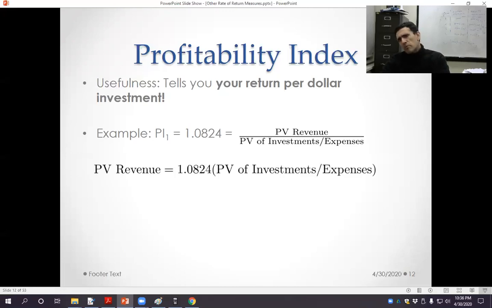So multiplied by the present value of investments, it tells us what your revenue is per dollar of investment. And of course, that's if we don't change our cash flow all that much. If you do change your cash flow a lot, then obviously your profitability index is going to change. So as long as you don't change your cash flow all that much, the profitability index tells you your return per dollar of investment, which is quite useful to know, obviously.